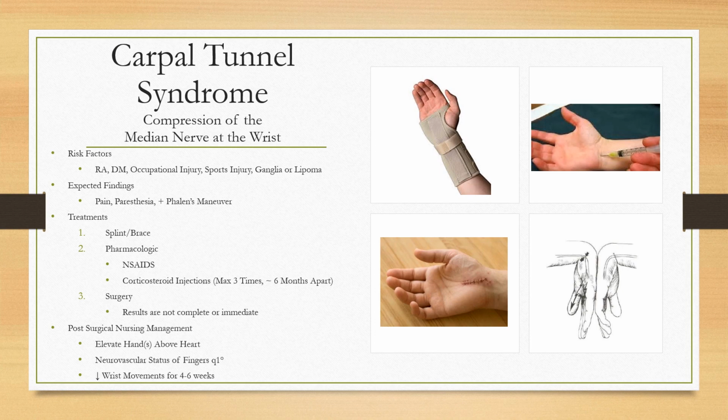Okay, so post-surgical, well, elevation of the hand, good idea, just to reduce the swelling because they just had surgery. Definitely checking the neurovascular status of the hand, the fingers, because they just had surgery around nerves and blood vessels. So, checking the arteries, so the pulse, and checking for sensation of the hand.